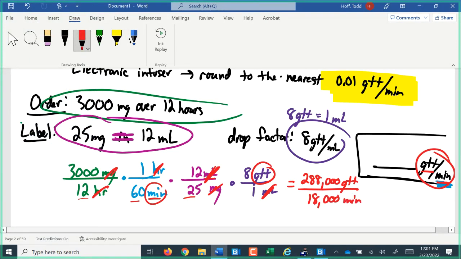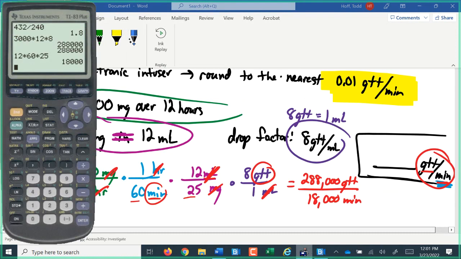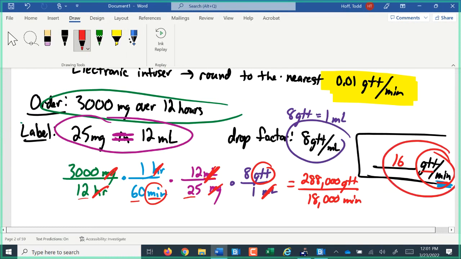And then again, we have to divide that up. 288,000 divided by 18,000 thus 18 drops per minute is what we're going to set up that infuser at.